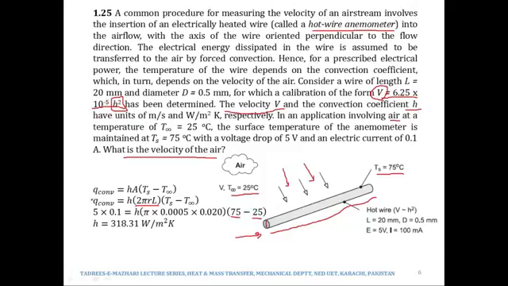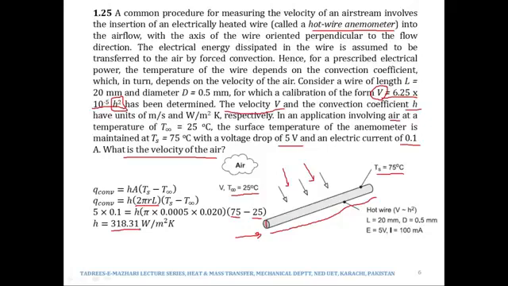Q would be calculated with the help of V into I. So there is a voltage drop of 5 volts and an electric current drawn by this wire of 0.1 amperes. So 5 times 0.1 would be the Q. And if we calculate h using this expression, we get h as 318.3 watts per meter square Kelvin.